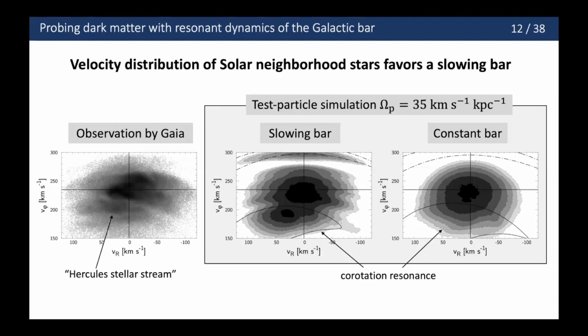So it will capture stars in that dense region. And then as the bar slows down, the resonance will drag those dense fractions of stars to the solar neighborhood. So it creates this bimodal structure, which we do not see in the case of a constantly rotating bar. And this can naturally explain the so-called Hercules stream that we observe in the data. So this was my first kinematic implication of the bar's slowdown.